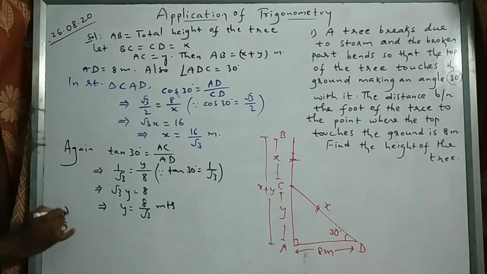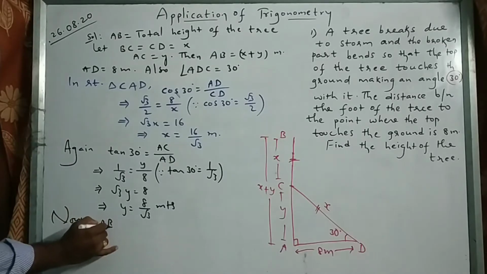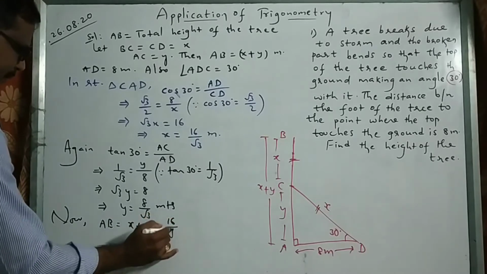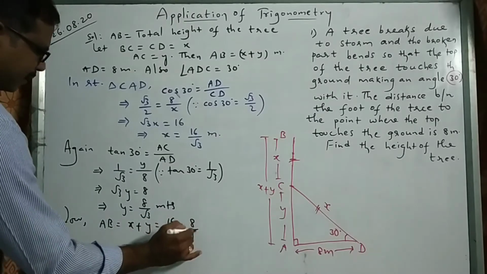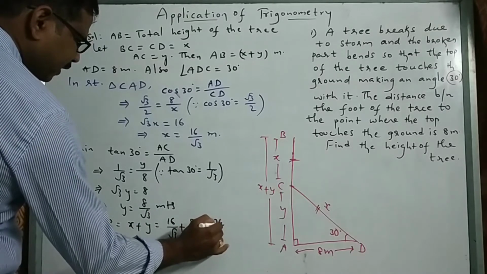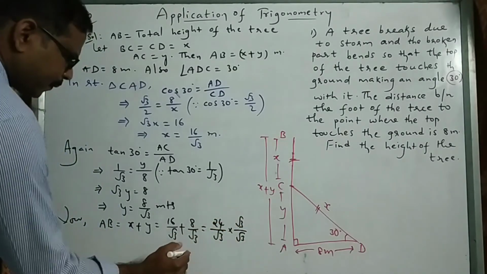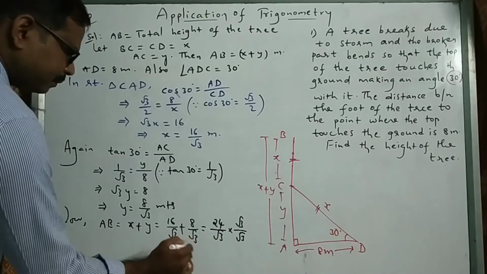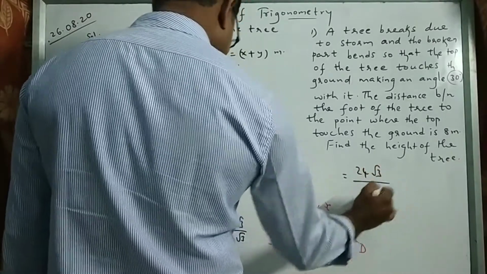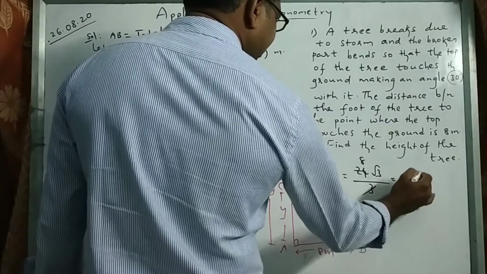Now I want to find the total height of the tree. That means AB equal to x plus y. What is x here? 16 by root 3 plus 8 by root 3. Since denominators are same, I can add directly: 24 by root 3, into root 3 by root 3. That equals 24 root 3 by root 3 into root 3, 3. So 3 eights are 24. 8 root 3 meters.